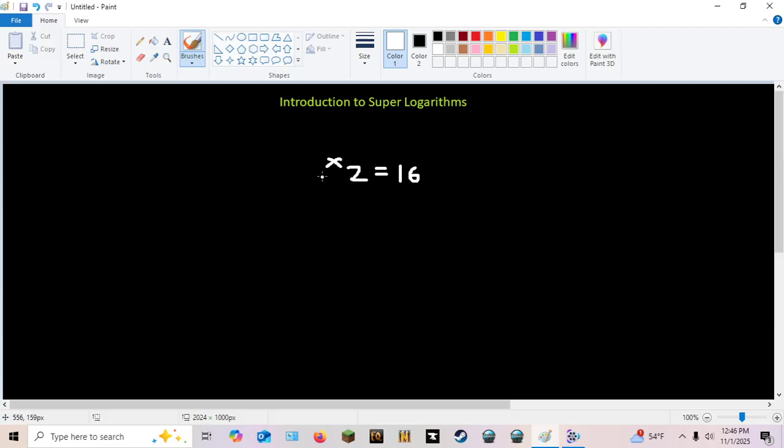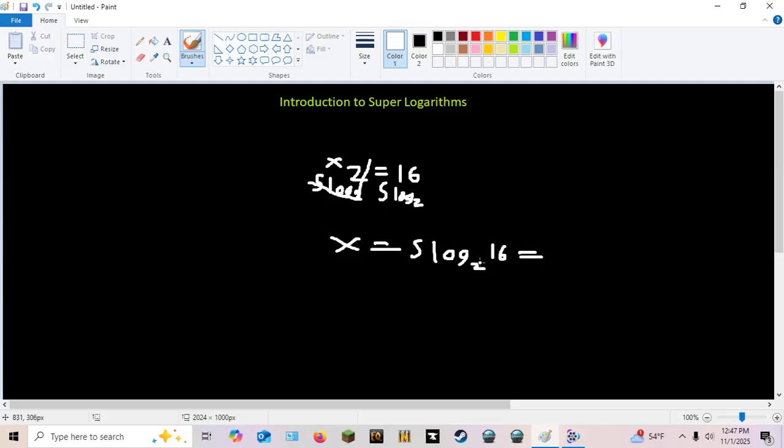Let's go take log base 2 of both sides. Now the 2's cancel, giving us x equals log base 2 of 16.